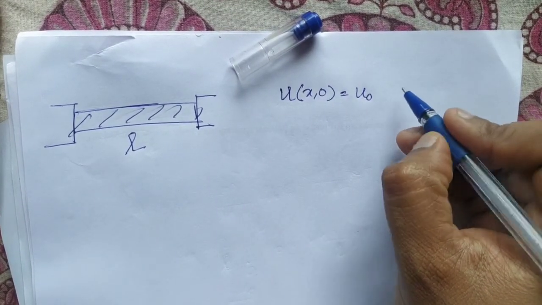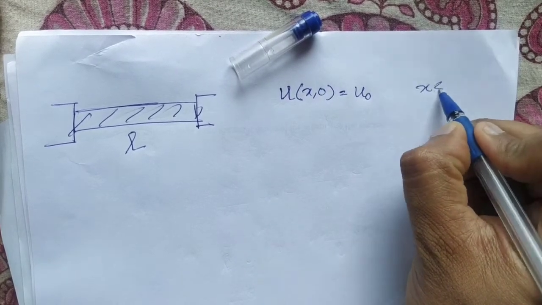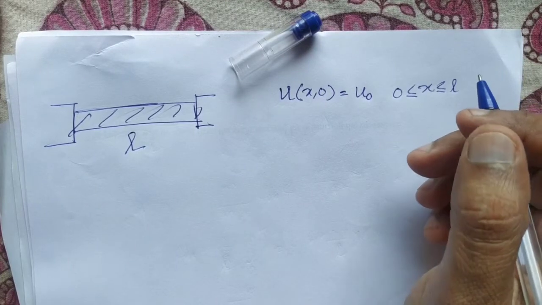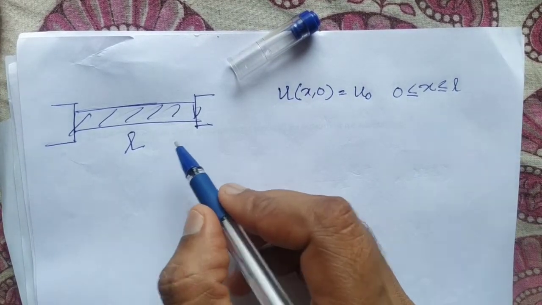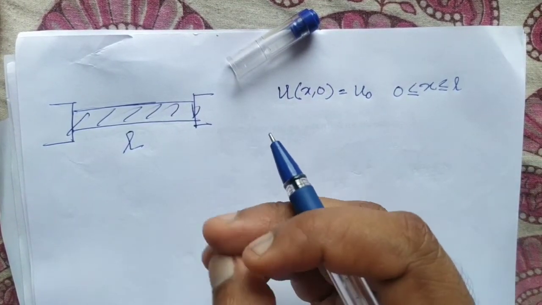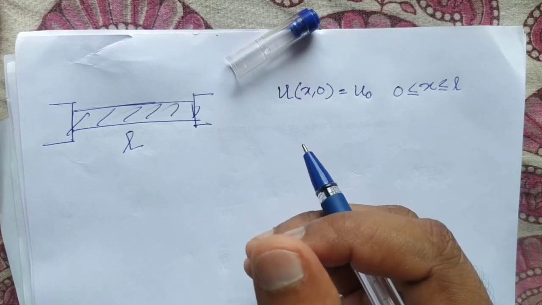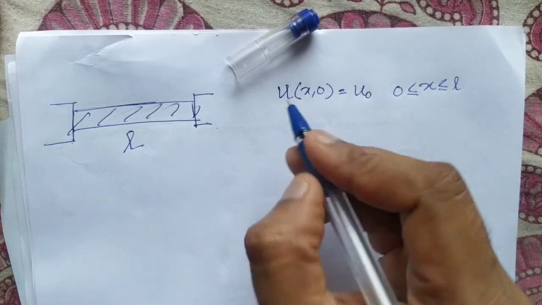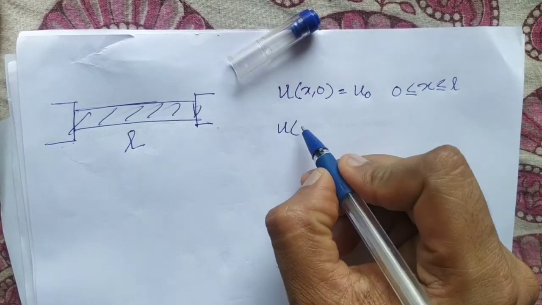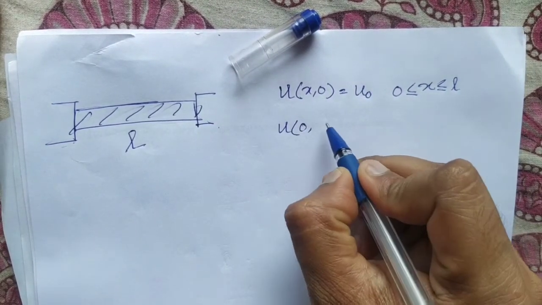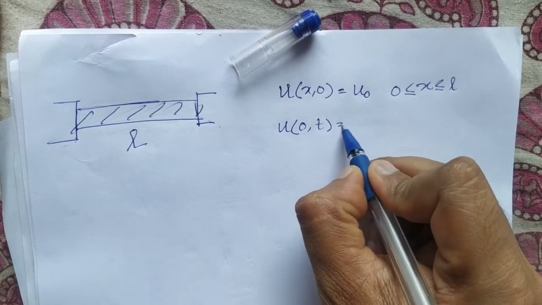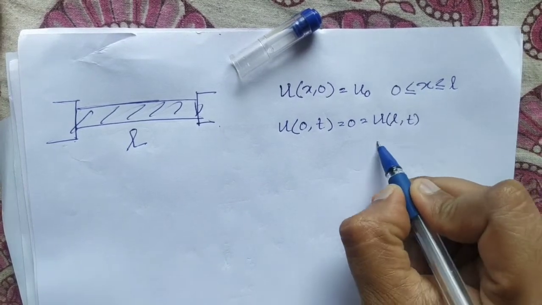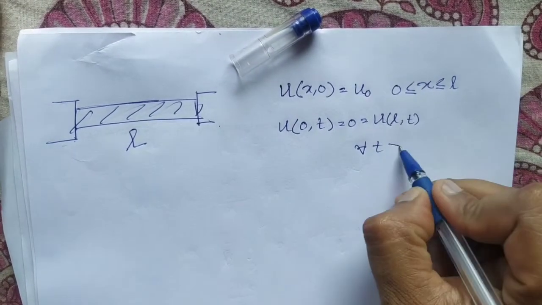This is given, for x between 0 and L. Now the problem is saying its ends are suddenly cooled to 0 degrees Celsius. So I'm taking that U(0, t) is equal to U(L, t) equal to 0 for all t greater than 0.